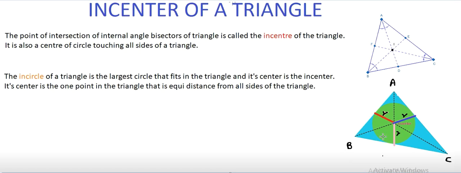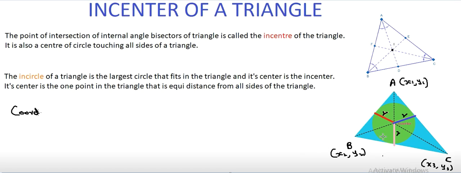Now, if the three vertices of the triangle ABC are given, how can we find the incenter of the triangle? Let A be the point (x1, y1), B be the point (x2, y2) and C be the point (x3, y3). Then what will be the incenter of the triangle?